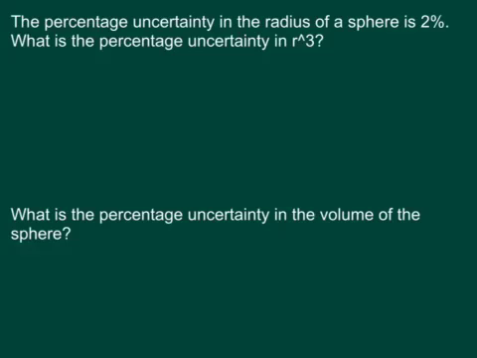This is easy. Whenever you take a measurement like r and you exponentiate, like raise it to the power of 3, the way you find the new percentage uncertainty is you multiply the power 3 by the percent uncertainty in r. So the percent uncertainty in r to the third is just going to be 3 times the regular old percent uncertainty in plain old r.